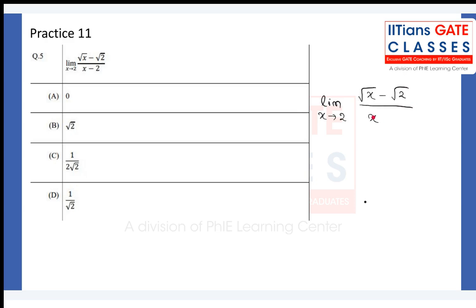If you plug in the value 2, you get a 0 by 0 form, which is an indeterminate form. You can apply L'Hospital's rule. You differentiate the numerator and denominator separately. So if you differentiate root x minus root 2, you get 1 by 2 root x. And if you differentiate the denominator, you get 1. So the limit as x tends to 2 of 1 by 2 root x is 1 by 2 root 2. So 1 by 2 root 2 is the right answer.